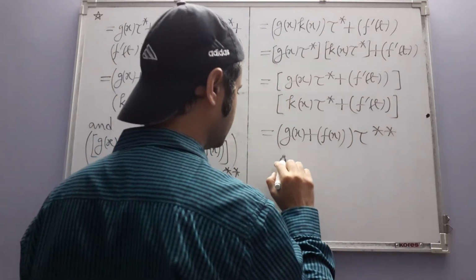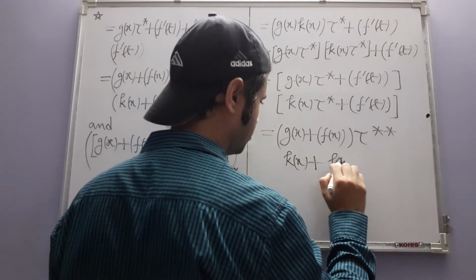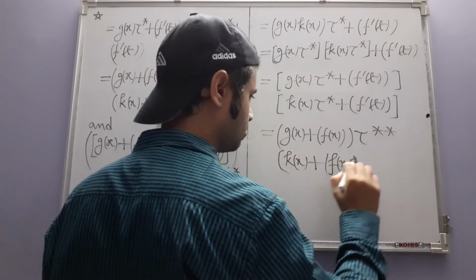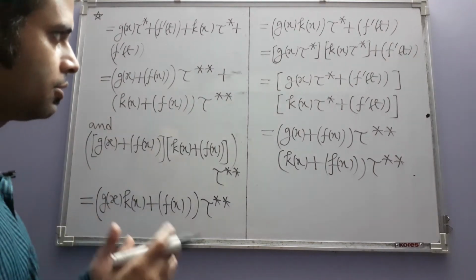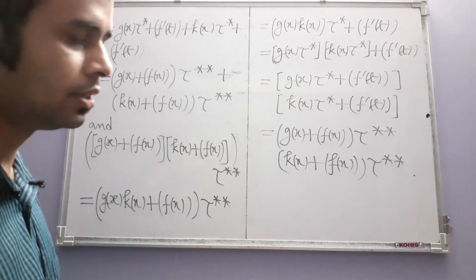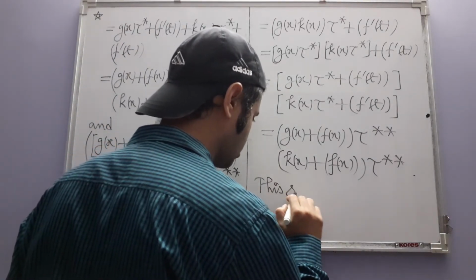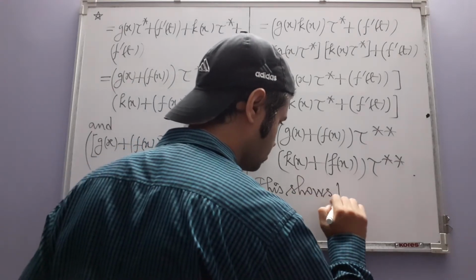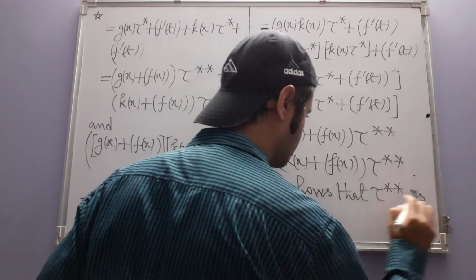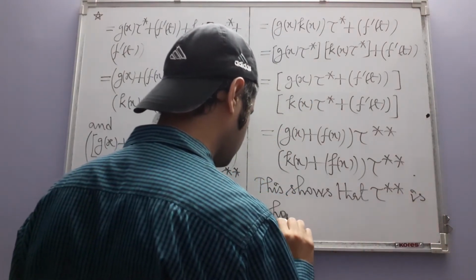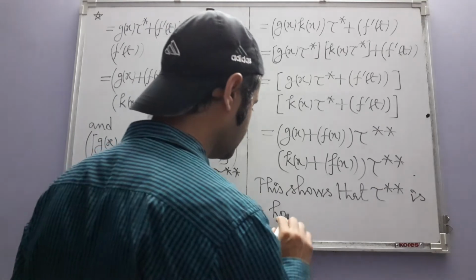And the second factor is the tau double star image of this ideal. So tau double star respects both addition and multiplication, and hence it's a ring homomorphism. Thus, this shows that this is a homomorphism; we need not mention ring homomorphism specifically because we are dealing with rings and fields.